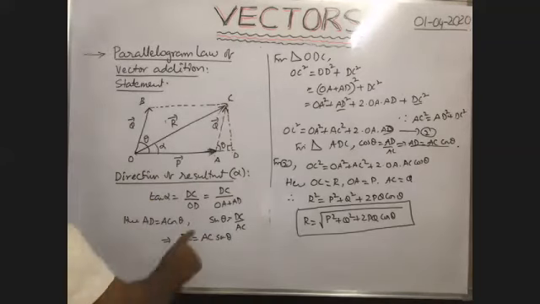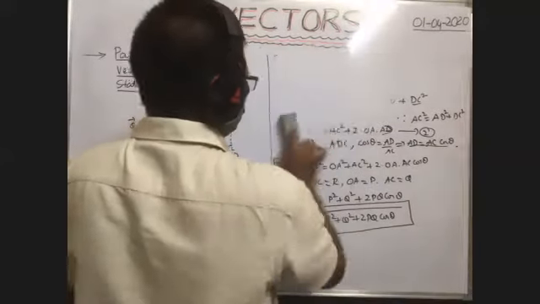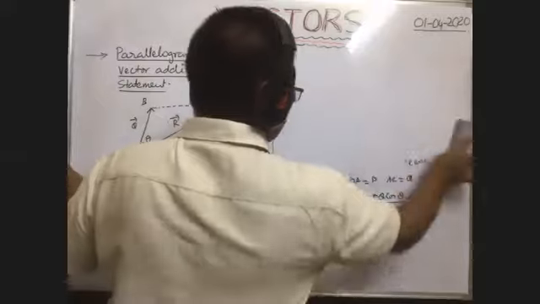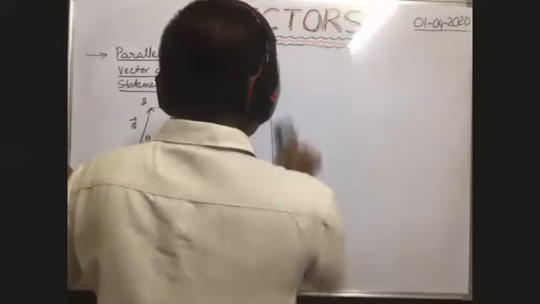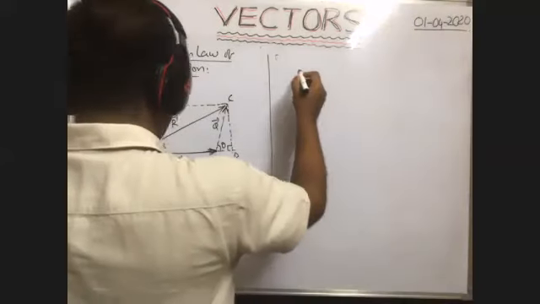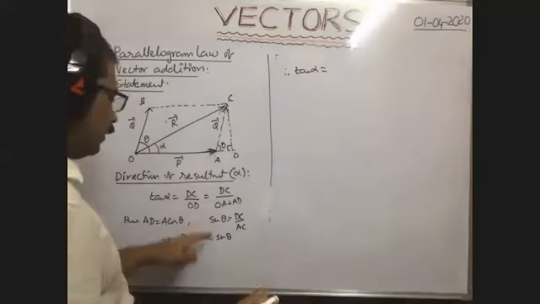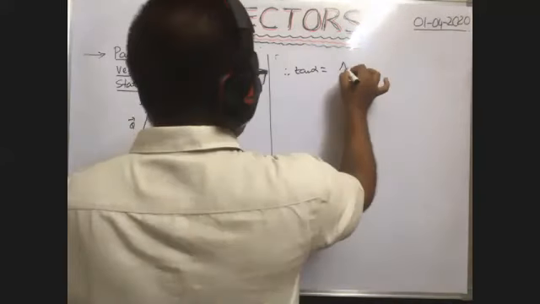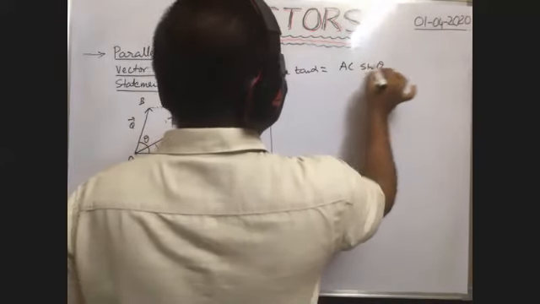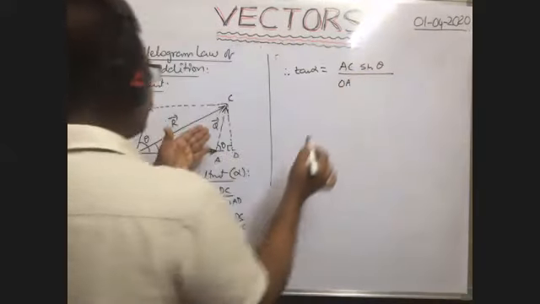Now you substitute these values in this equation. Therefore, tan alpha is equal to DC means AC sin theta by OA plus AD.